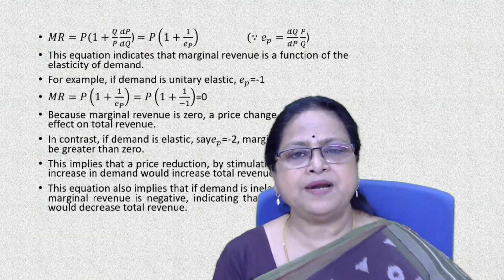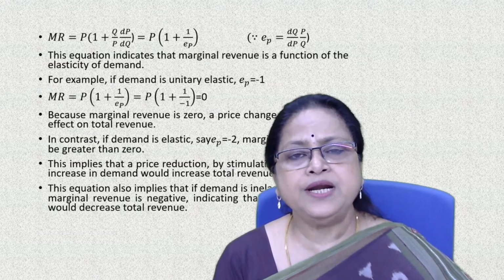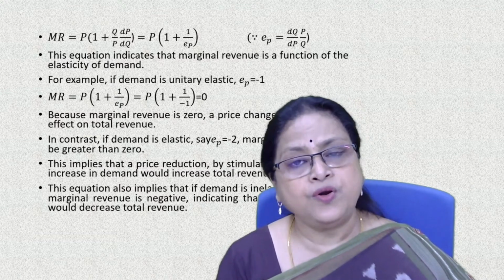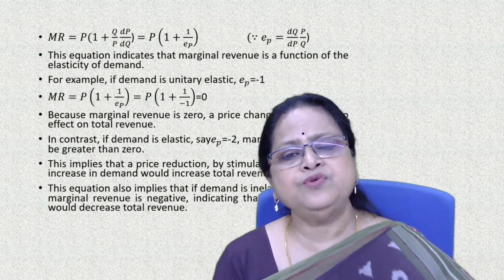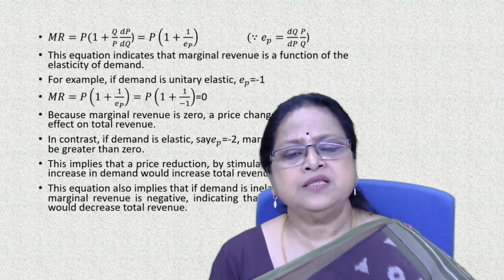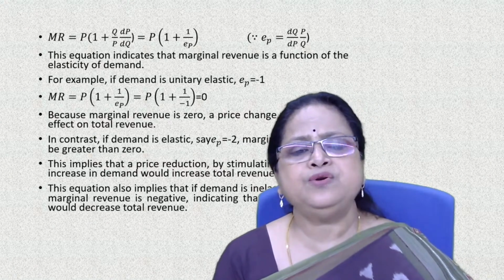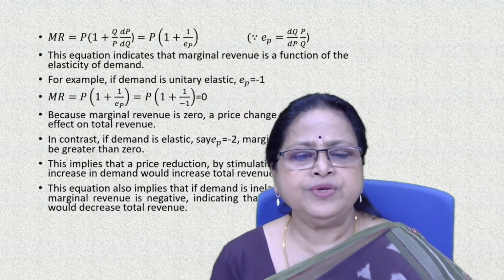This implies that a price reduction, by stimulating a considerable increase in demand, would increase total revenue. Total revenue will increase because the increase in demand will be so high that P into Q, the total revenue, will increase.